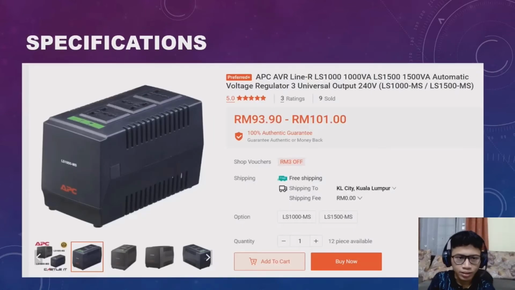This is the specifications of the model that we picked. As you can see, there is the model that we chose, and that is the price of the model. The price is RM93.90 and RM101. The RM93.90 is for the first model, the Line R LS1000, 1000 VA, and the RM101 is for the LS1500, 1500 VA.